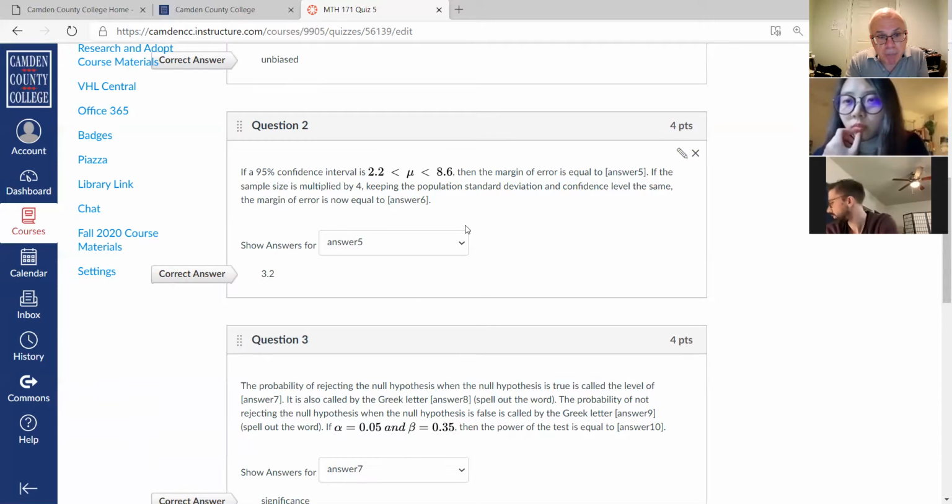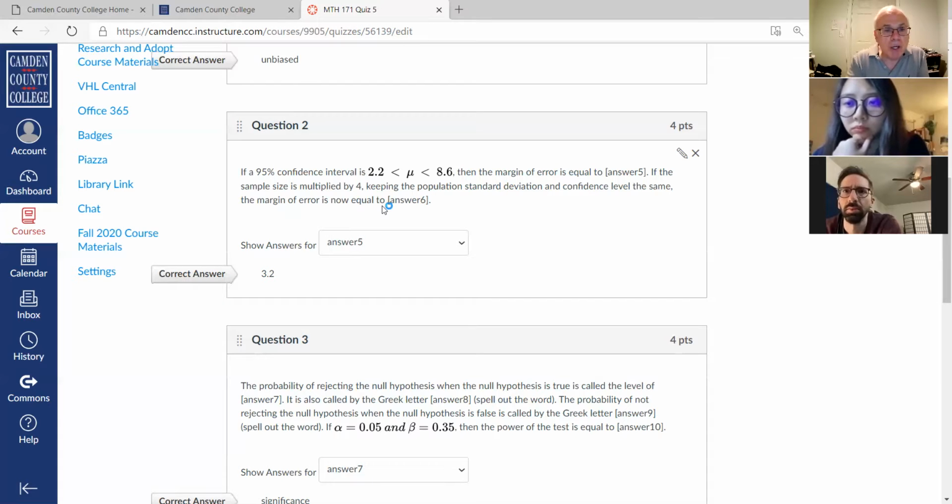And then if the sample size is multiplied by 4, you have to realize where the sample size is in the margin of error formula. It's in the standard error formula. Margin of error is equal to the critical value, either a t or a z, times the standard error. This is for a mean, so the standard error is either sigma or s in the numerator, and the denominator is the square root of n.